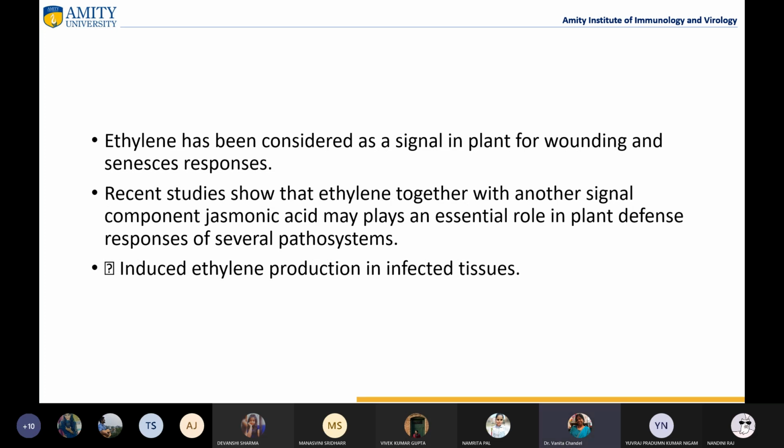Present, ma'am. Sanjana Sharma. Present, ma'am. Shakti. Present, ma'am. Shivani Mishra. Present, ma'am. Tanvi Sharma. Tanvi is there. Tridev. Present, ma'am.